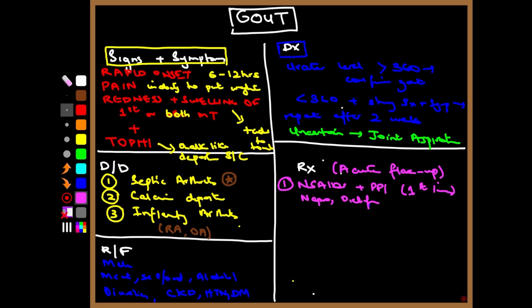If there's someone who's intolerant to NSAIDs, for example, somebody who's got heart failure or is on anticoagulation, for them the choice would be colchicine. So that would be in patients with heart failure or anticoagulation.